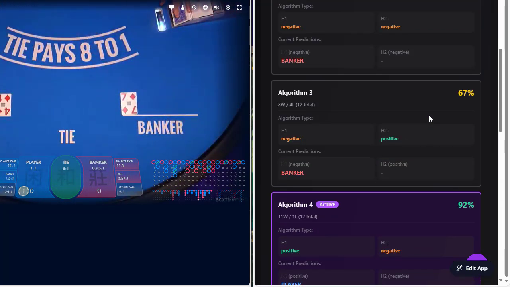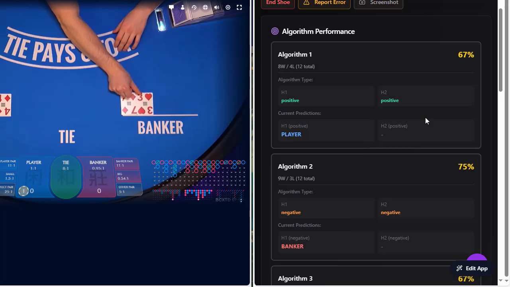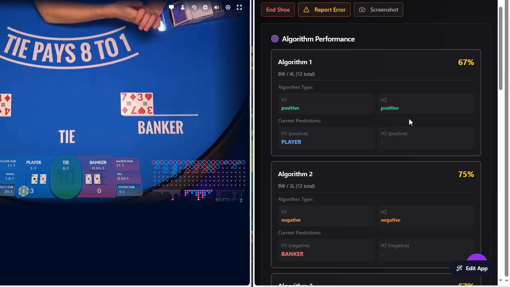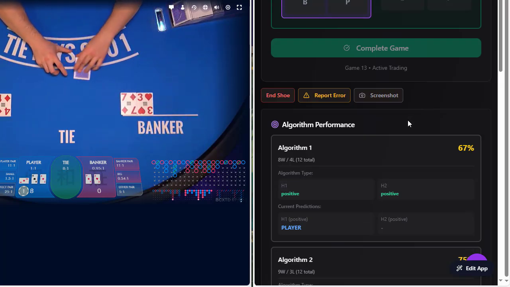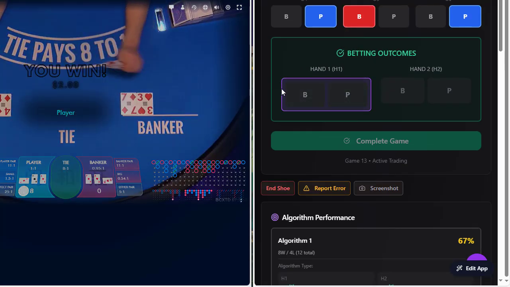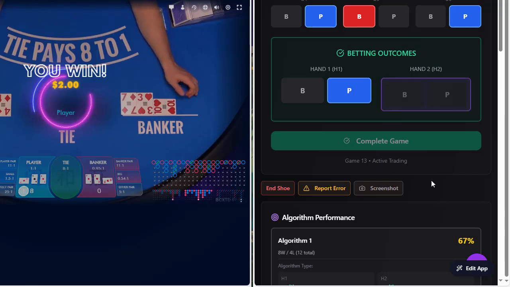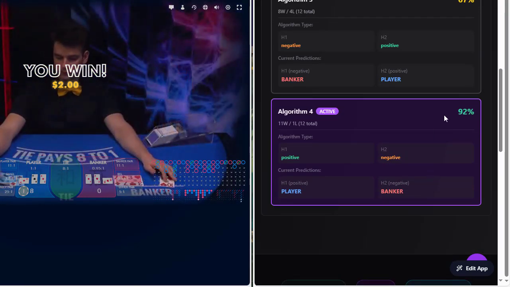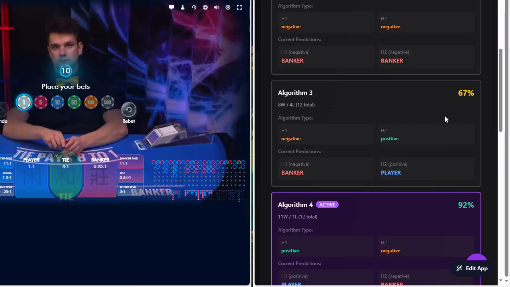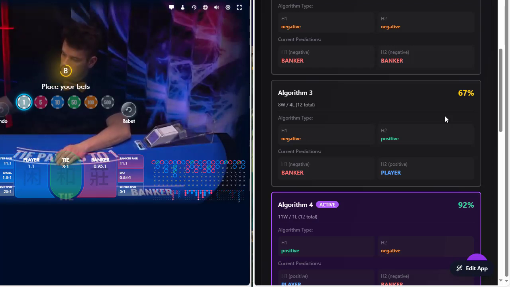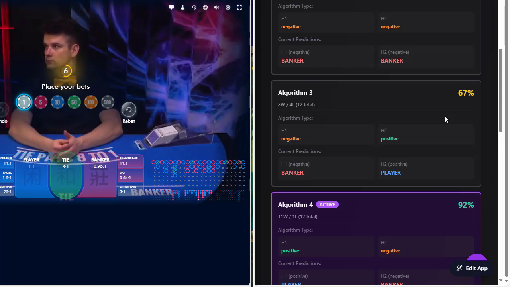Now, if there's not one that's that high up, then that's where the whole idea of hard 8 comes in. Well, I've seen them lose though. But if you don't have an algorithm that's at 90, that's where you can also take advantage of another type of system, because algorithms streak.